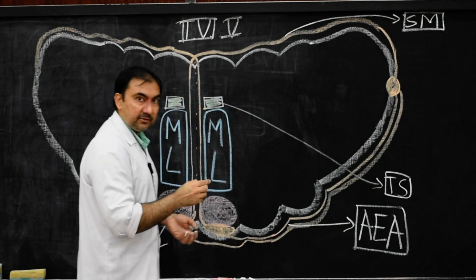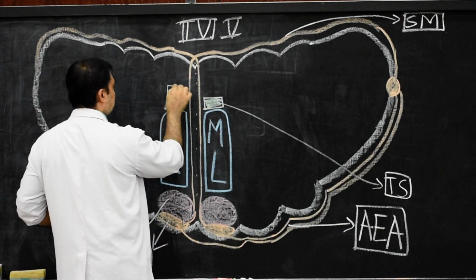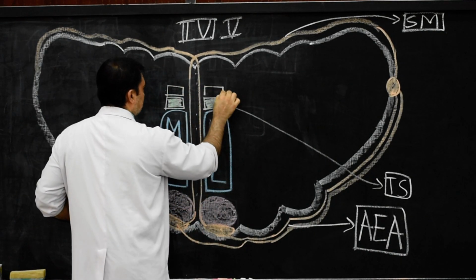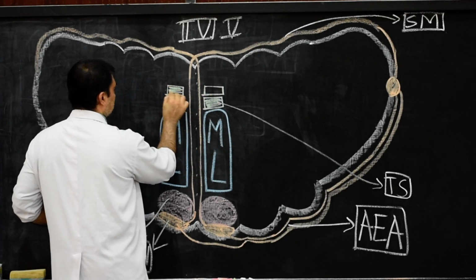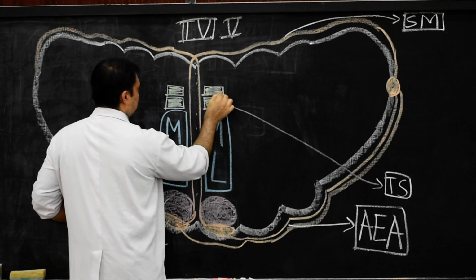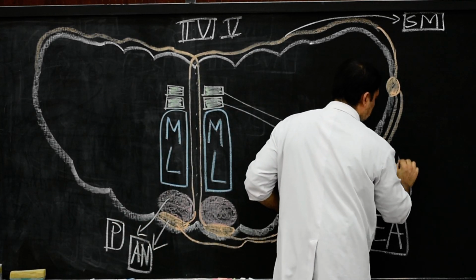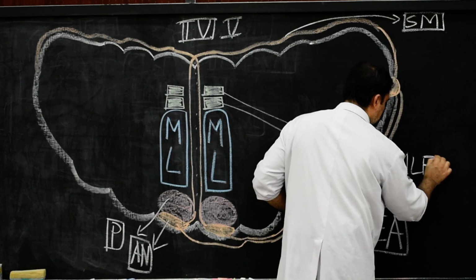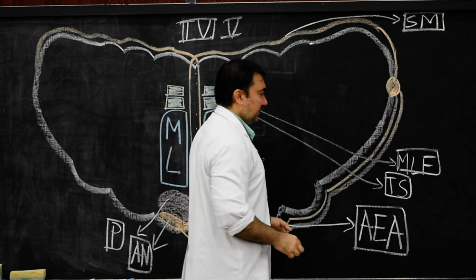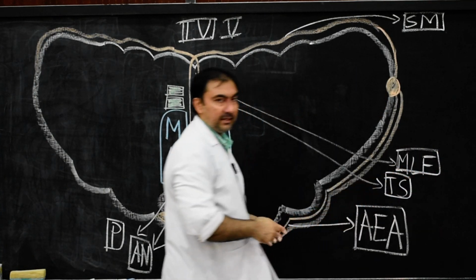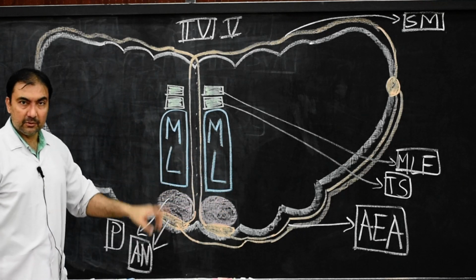And dorsal to the tectospinal tract, this will remain the same as in the previous section. So dorsal to this will be the medial longitudinal fasciculus. So we will show here the medial longitudinal fasciculus. And since these structures remain the same, they were present in the section below this also.